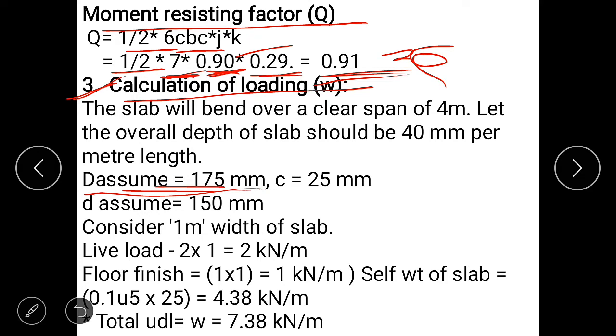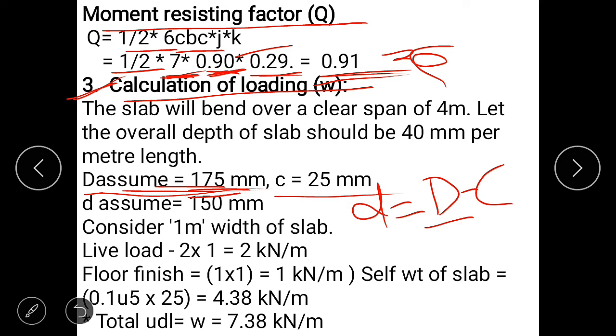Because it's a two-way slab, the depth is 175 mm and cover is 25 mm. So small d, the effective depth, is equal to overall depth minus cover. Overall depth 175 minus cover 25 is equal to effective depth 150 mm.